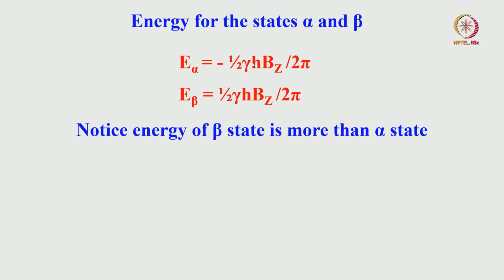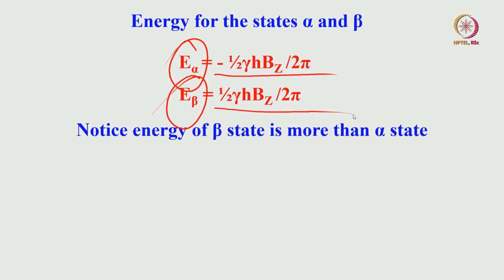For the two different spin states, m equal to plus half and minus half, that is alpha and beta, we can work out the energies E alpha and E beta like this. One is minus half gamma h B naught over 2 pi, the other is plus half gamma h B naught over 2 pi. Notice the energy of the beta state here is more than the alpha state.